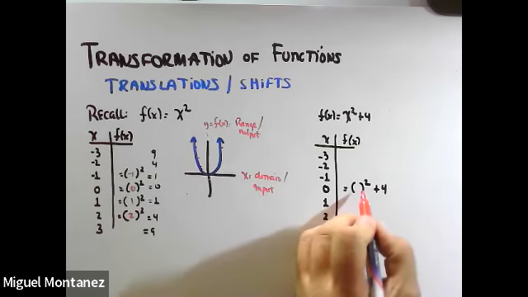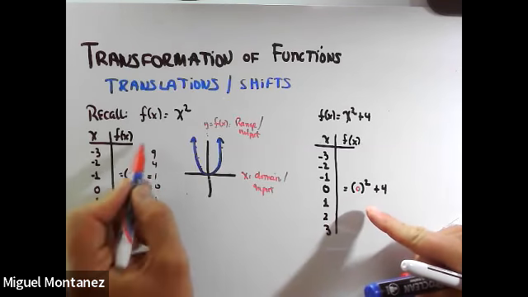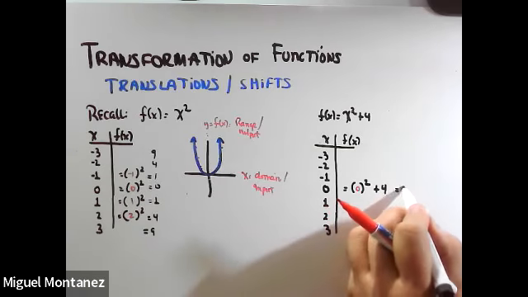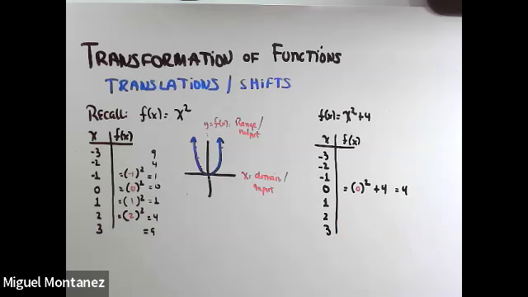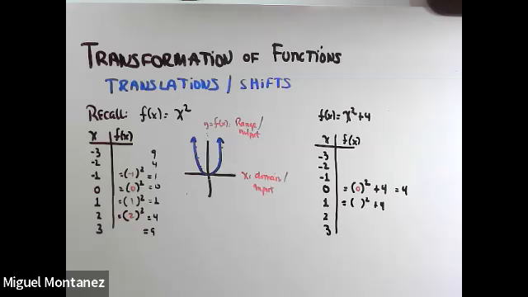So when x equals 0, the output is 0, right? This is f of x, the output. We add 4, so this will be, of course, 4. When x equals 1, we square and then we add 4.